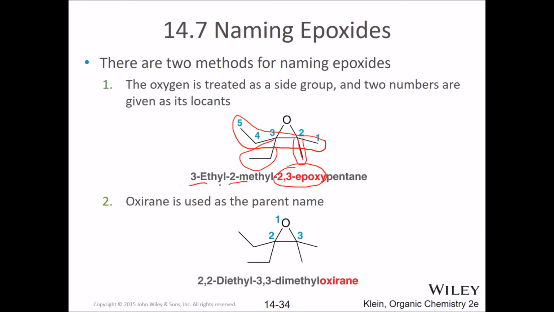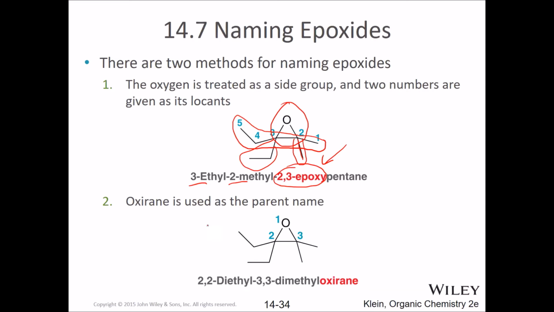These are listed alphabetically, so it's simple enough. If you can see the epoxide, this is probably the more intuitive way for you, more consistent with the methods of nomenclature that you've already mastered. 3-ethyl-2-methyl-2,3-epoxypentane, where the epoxy represents the oxygen three-membered ring as a substituent.